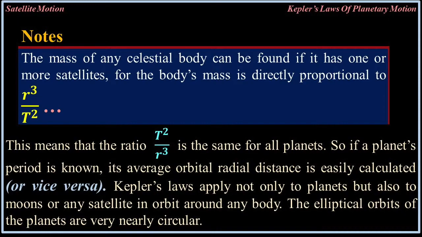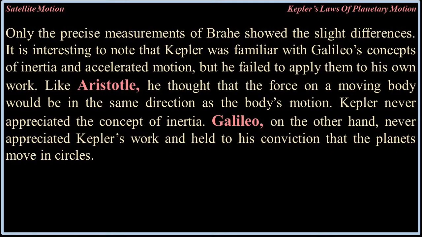So if a planet's period is known, its average orbital radial distance is easily calculated, or vice versa. Kepler's laws apply not only to planets, but also to moons or any satellite in orbit around any body. The elliptical orbits of the planets are very nearly circular. Only the precise measurements of Brahe showed the slight differences.